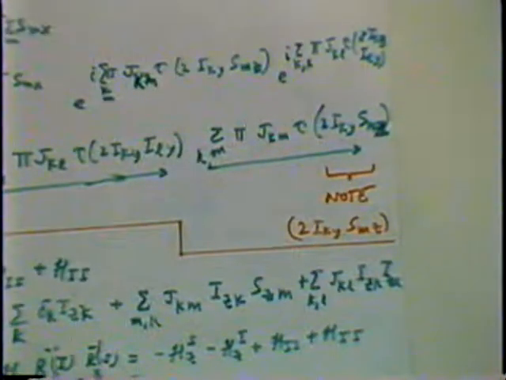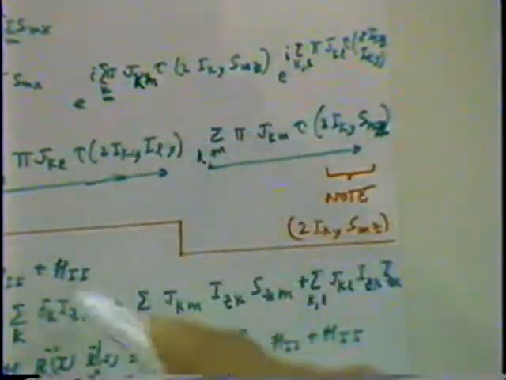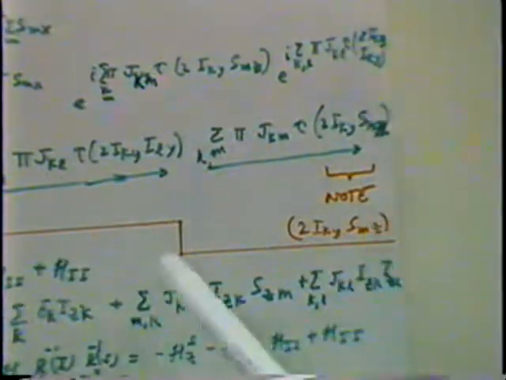I have tried to show here how we got from here to here by writing down the Hamiltonian here. This is not in your notes, but I don't think we have time to go through this at this point. So let's skip it.